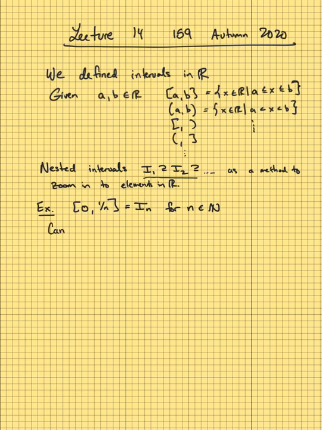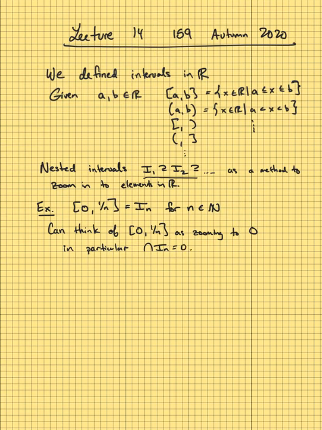And we can think of 0, 1 over n as zooming into 0. In particular, the intersection of all of these is 0.